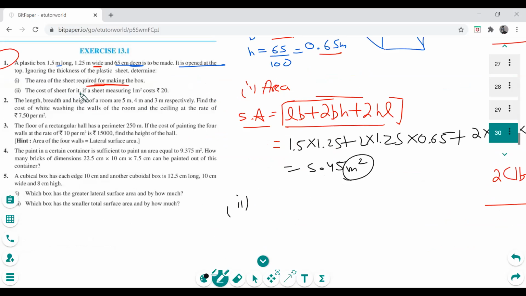The cost of sheet for it, if the sheet measuring 1 meter square costs 20 rupees. Tell me the cost for this one. Quickly multiply it by 20. You know unitary method. What will be the answer here?